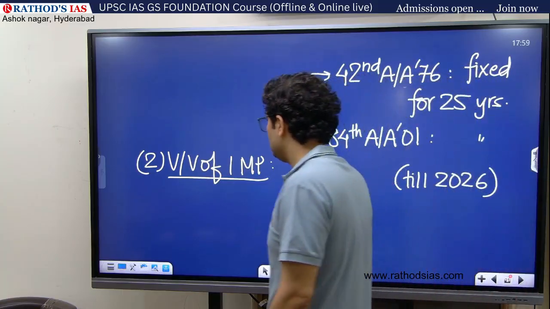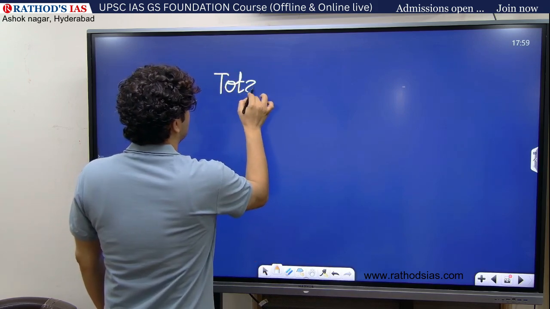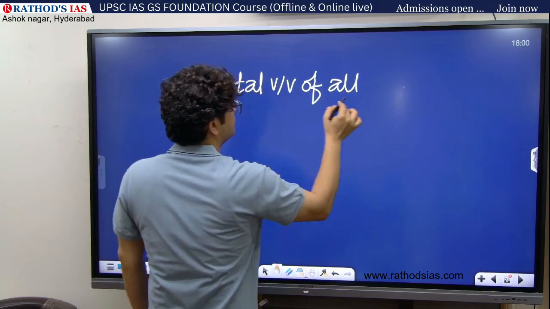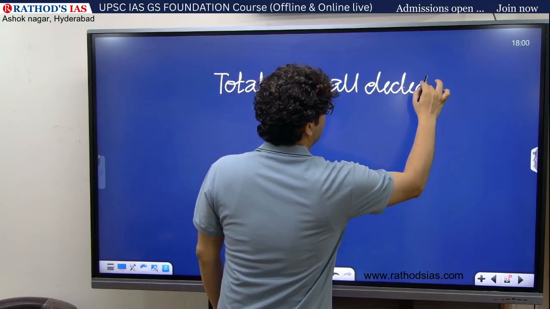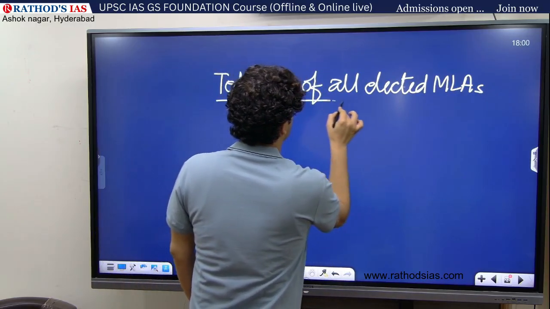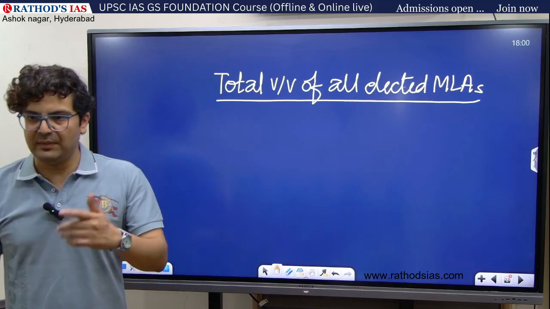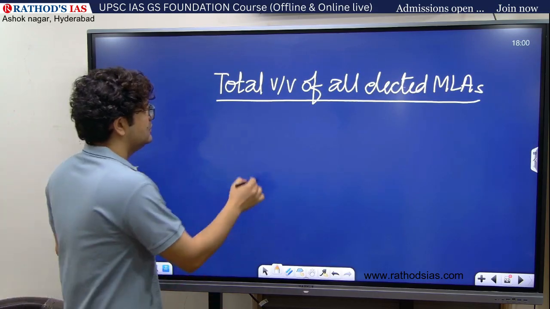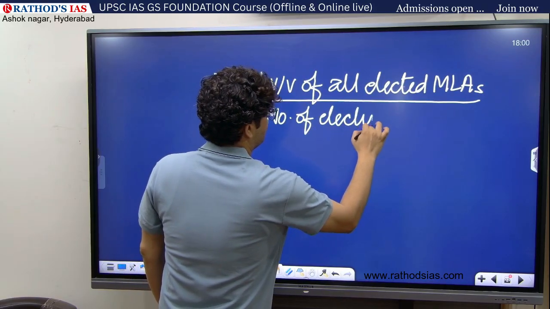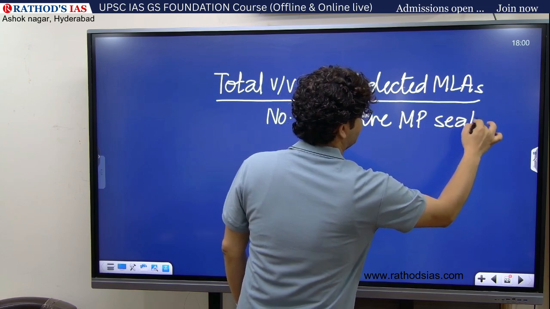So this means here the numerator is going to be the total vote value of all elected MLAs, upon, just like we divided in the formula for MLA by the number of MLAs, here we divide by the number of elected MPs.